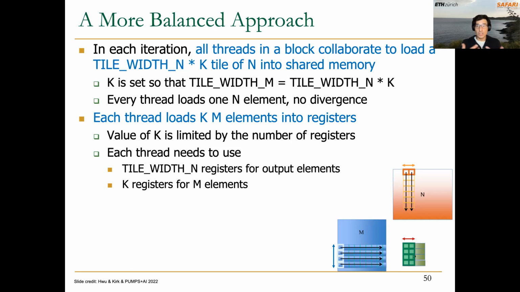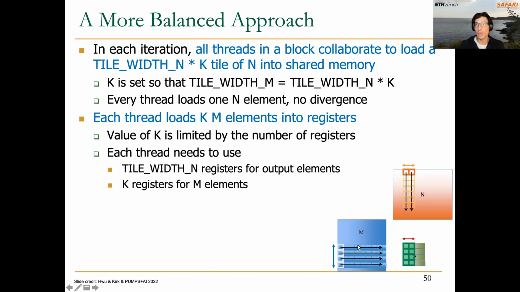And this way, in each iteration, we are in reality calculating k steps of the multiplication, because we can go over the k elements that we loaded here. Imagine that k is equal to 2 or k is equal to 4, for example.